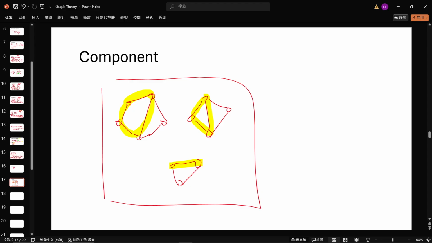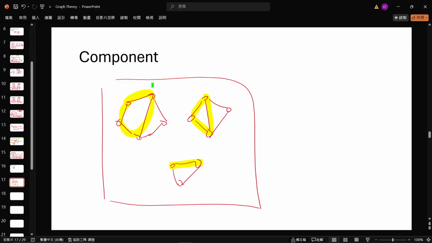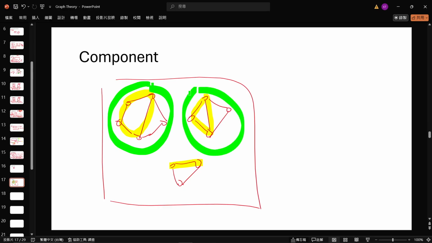So why? I'm sure that when I first asked how many components are there, the reason that you said 3 is because you think this is a component, and this is also a component, and this is a component. That's why you say 3, okay?